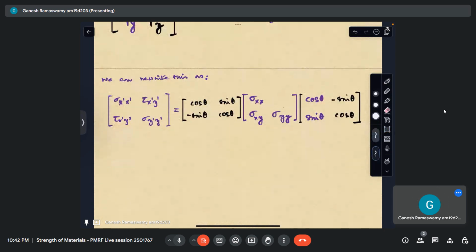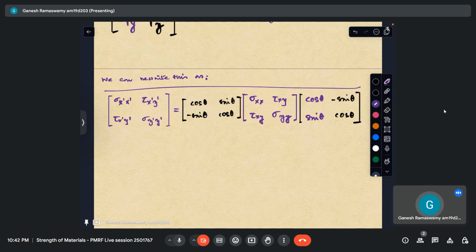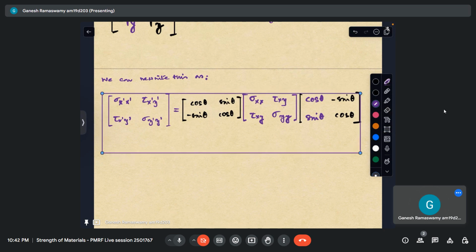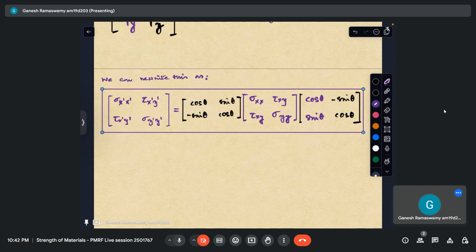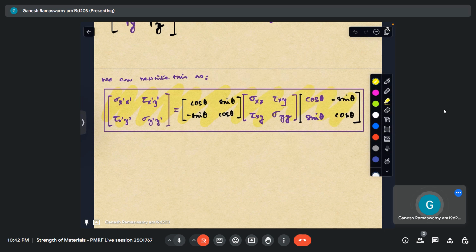In fact, instead of sigma xy, let me consistently use tau xy so that there is no confusion at a later stage. So this is the stress transformation equation in the matrix form, which we'll be using time and again.